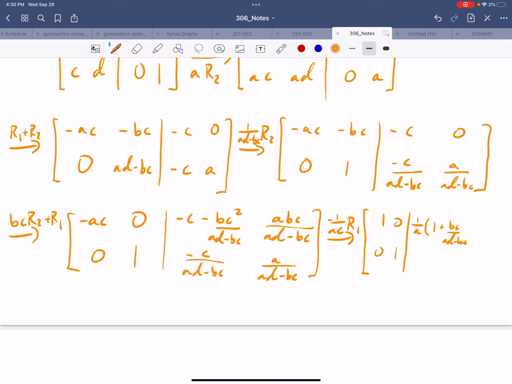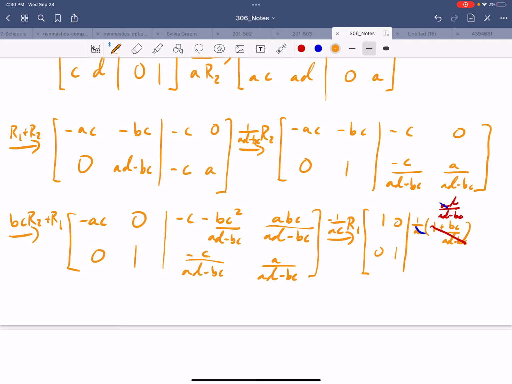And when you do that out, that's going to simplify to AD over AD minus BC. And then the A's will cancel. So you're going to be left with D over AD minus BC.